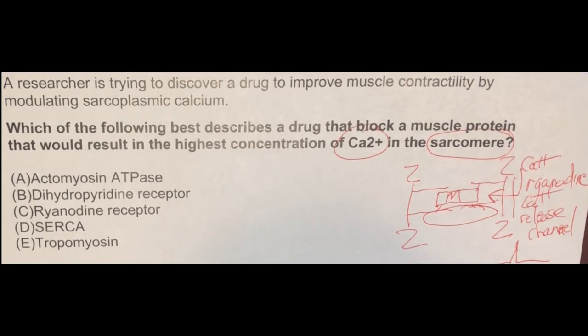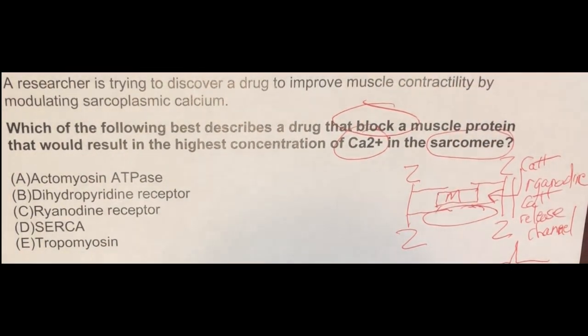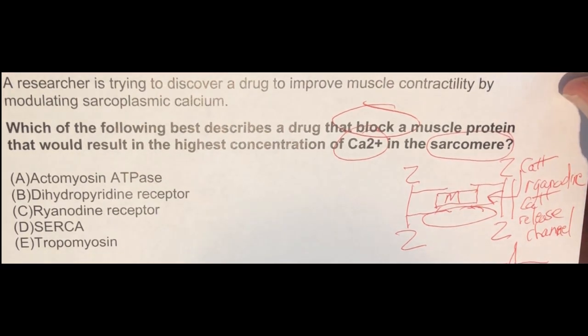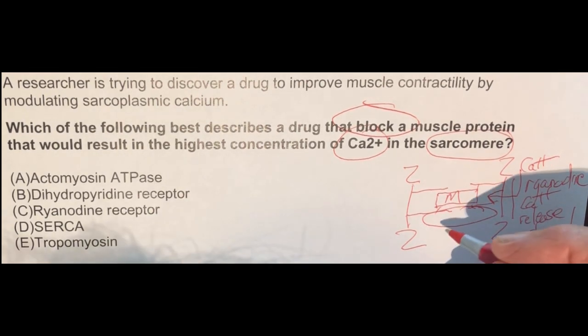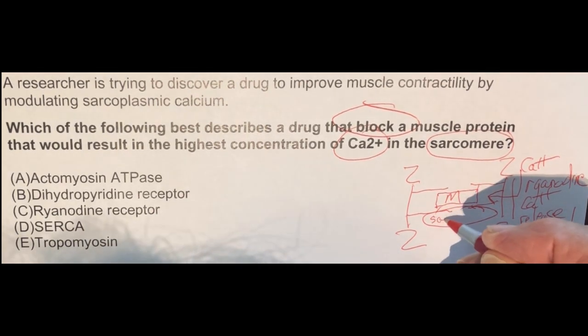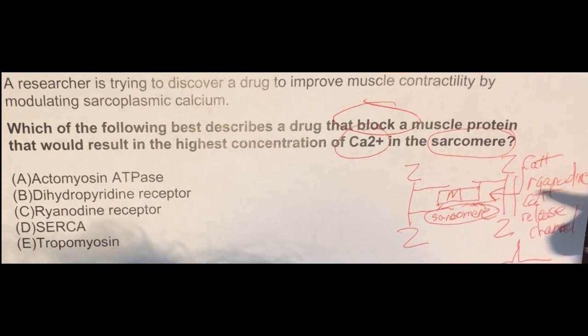But now we have to use our logic. The question is asking about blocking, so if we block the ryanodine receptor calcium release channel, what's going to happen? Less calcium is going to get in here to the sarcomere.